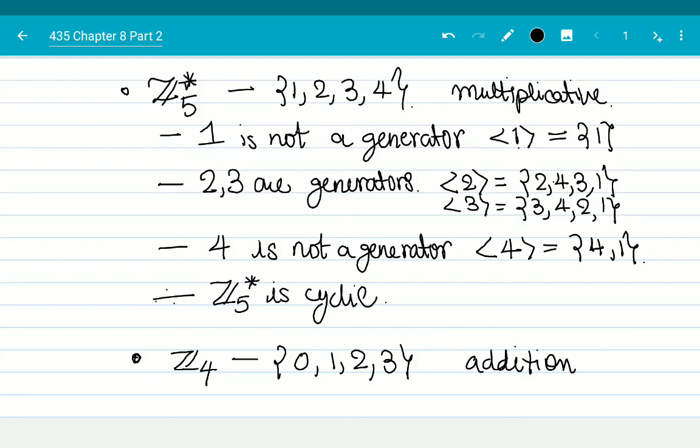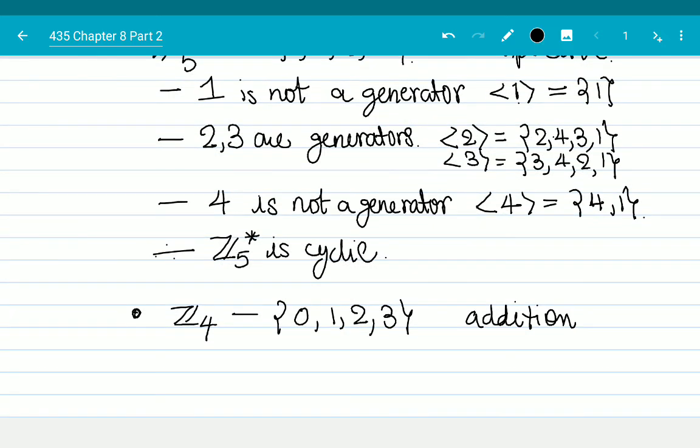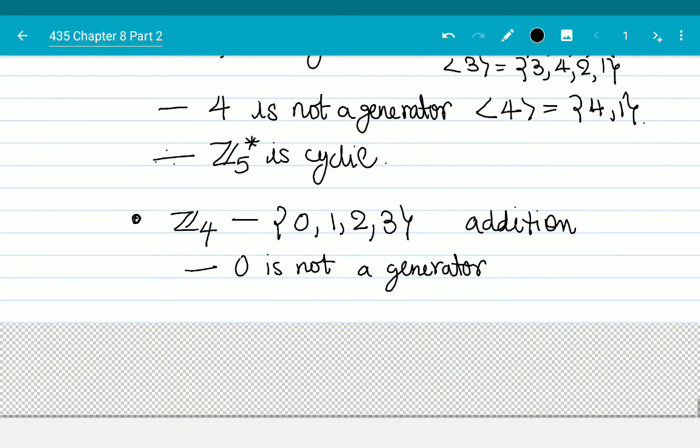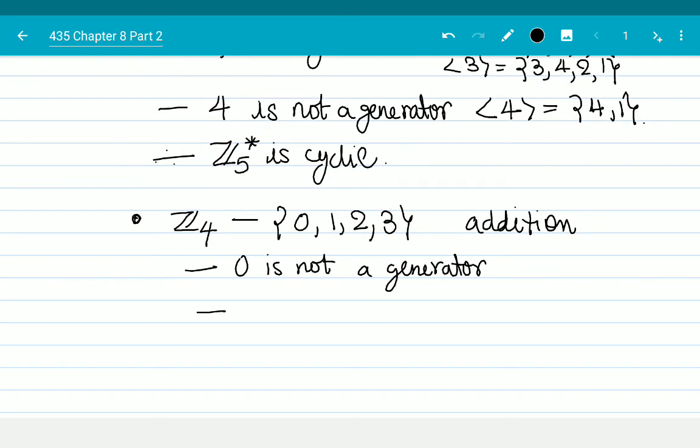In this case, the identity is 0. 0 is not a generator. 1 and 3 are generators.